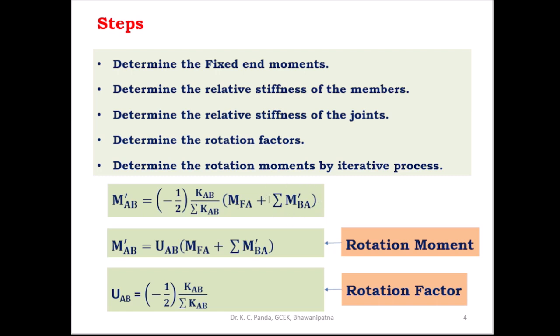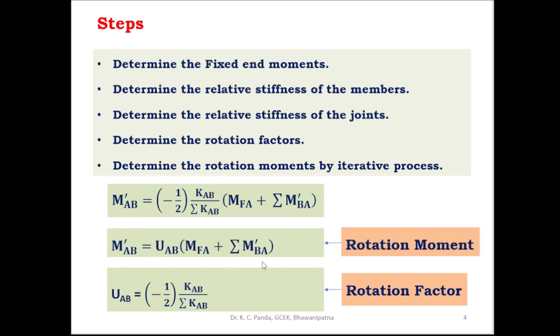Summation of M dash BA is the sum of the far end rotation moments, and MFA is the fixed moment of the joint A, and minus half KAB by summation of KAB is the rotation factor, which you can denote by UAB. Then M dash AB is equal to UAB into MFA plus summation of M dash BA. So you can find the near end rotation moment by using this formula.